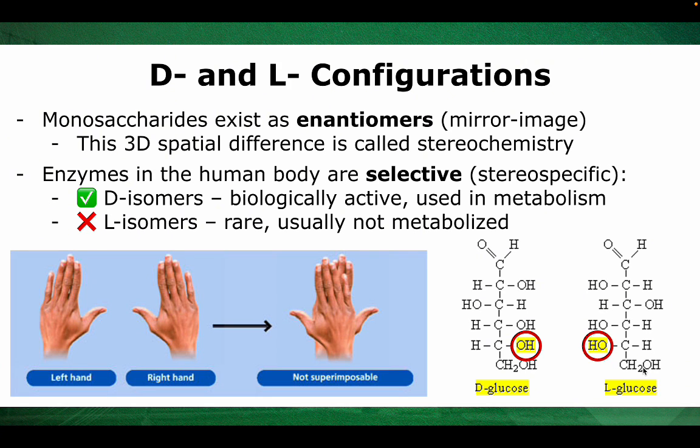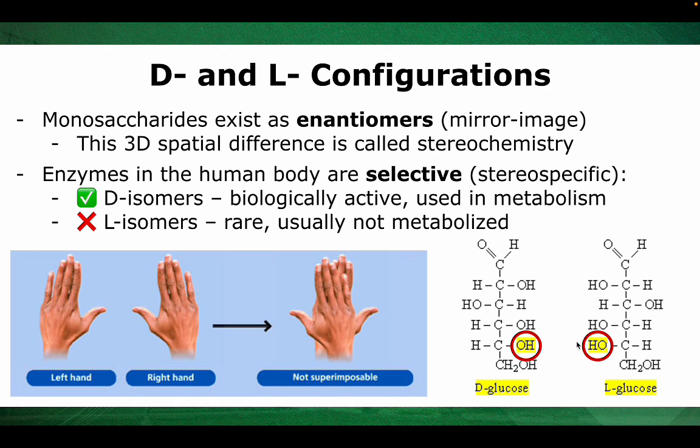What you have to do is look at the farthest chiral carbon, okay? More of that soon in organic chemistry. But when we say chiral carbon, it's the carbon that has no same attachments. So if the hydroxyl group on the chiral carbon is on the right, that is a D-glucose.